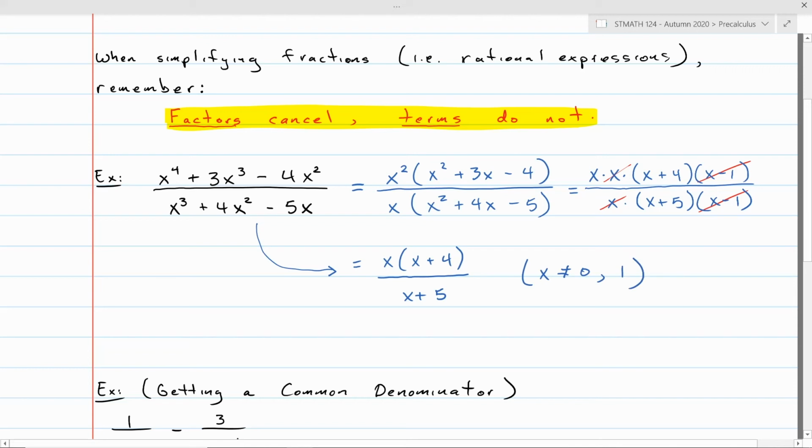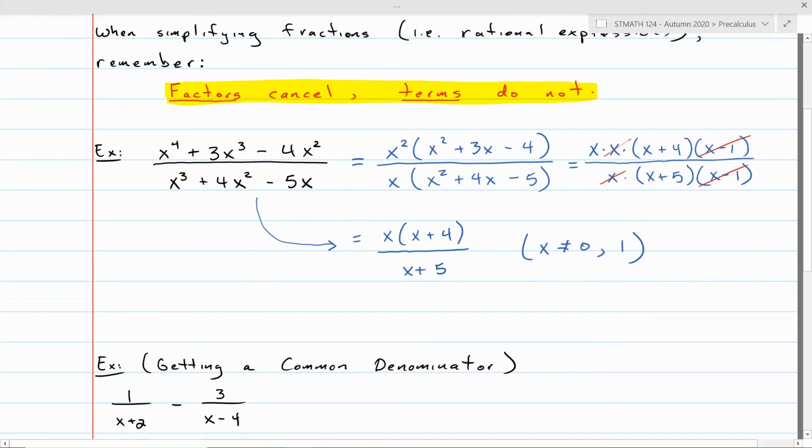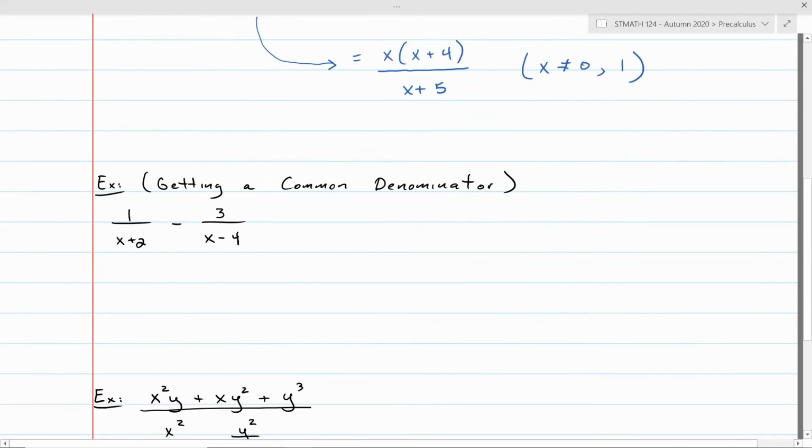I also can't plug 0 into the original expression, right, because it yields 0 in the denominator, but I can plug 0 into the final expression. So as long as x is not equal to 0 or 1, those things are equal. How did I know to exclude the possibility that x equals 0 or x equals 1? Well, I look at the terms that got canceled, and that guides that choice, okay?